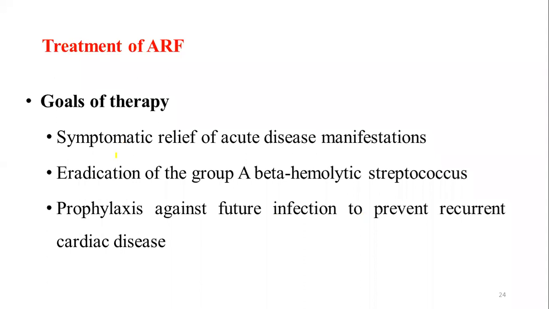So the next step is, how do we treat? Based on the modified Jones criteria, we have the information that the patient has acute rheumatic fever, and how do we treat the patient?